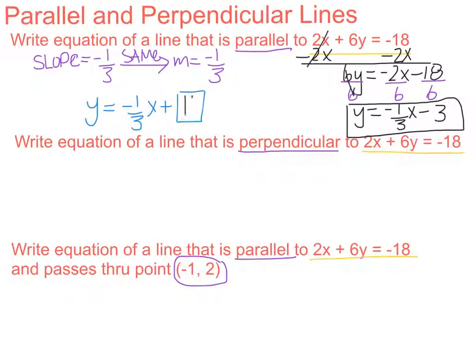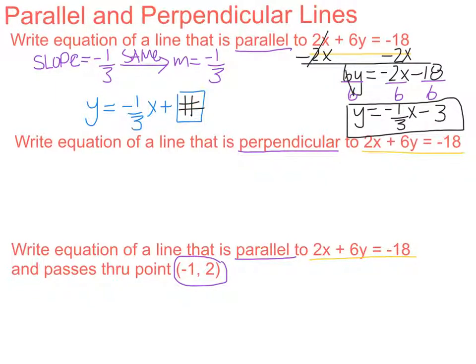The number that you put in here really doesn't matter as long as it isn't negative 3. This is the only number that's off limits, because if you chose negative 3, well, you would have written the exact same line, and the same line isn't parallel. If you want to write a line that's parallel, it should have the same slope, but a different y-intercept.